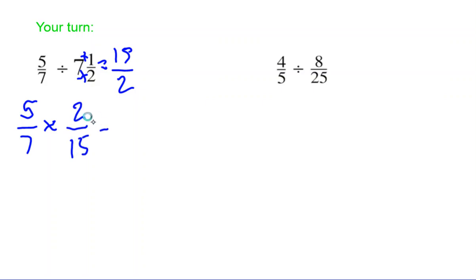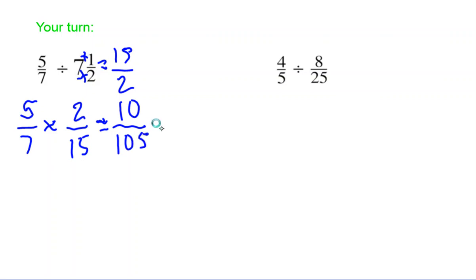And then we can multiply straight across. Now we have 5 times 2 is 10. And 7 times 15. Well, we know 7 times 10 would be 70, and 7 times 5 would be 35, and 70 plus 35 would be 105.